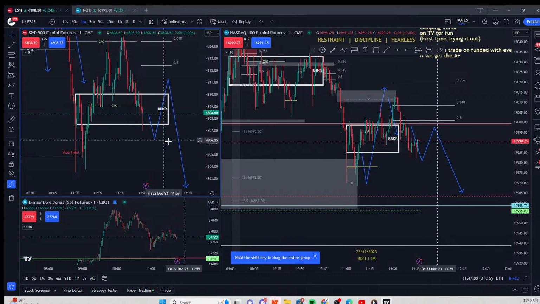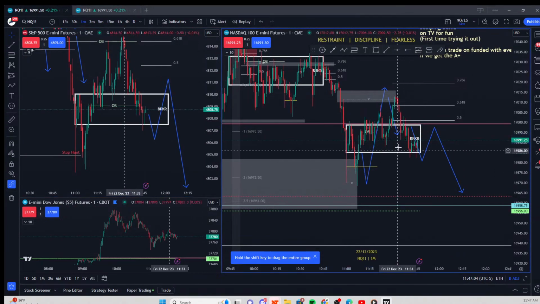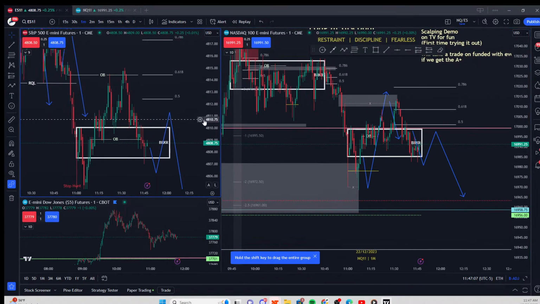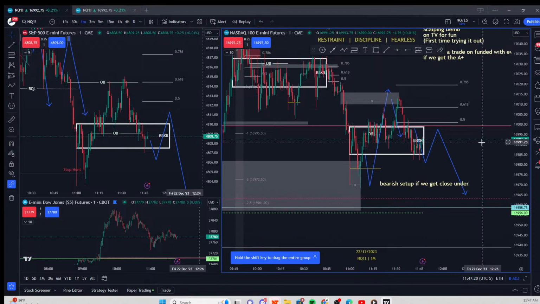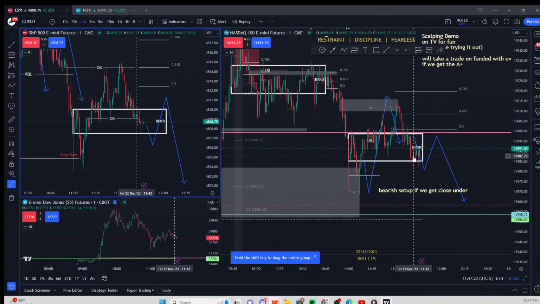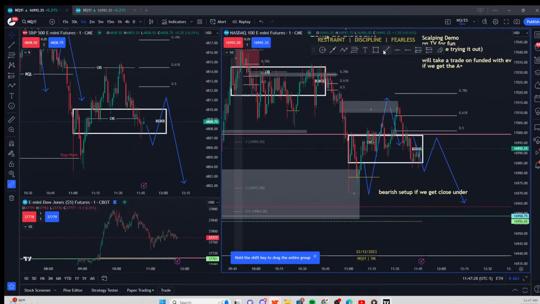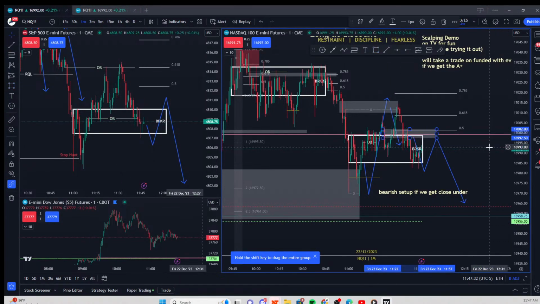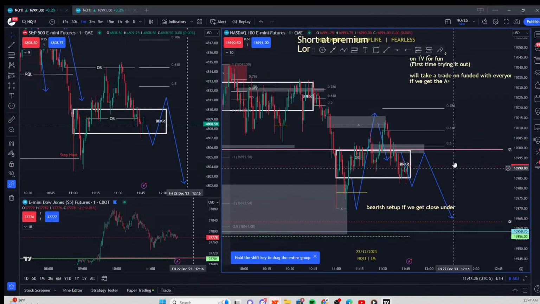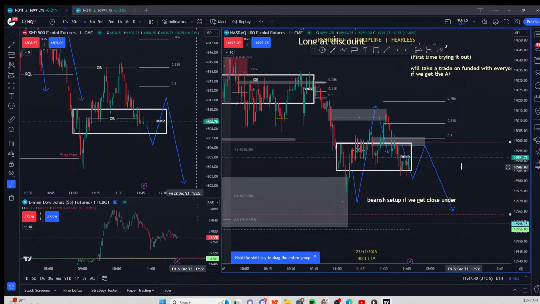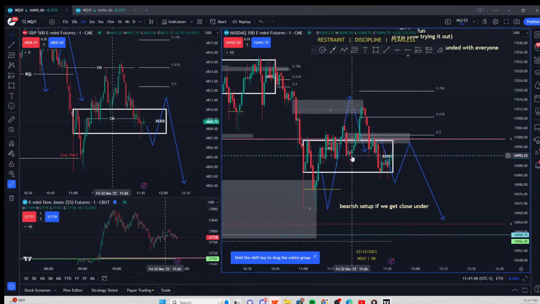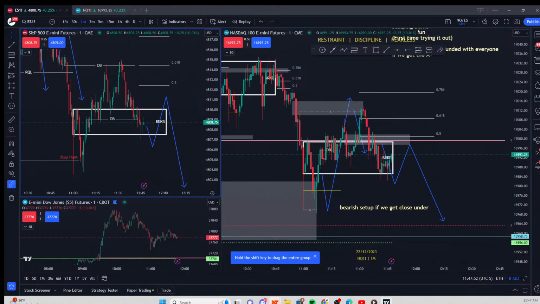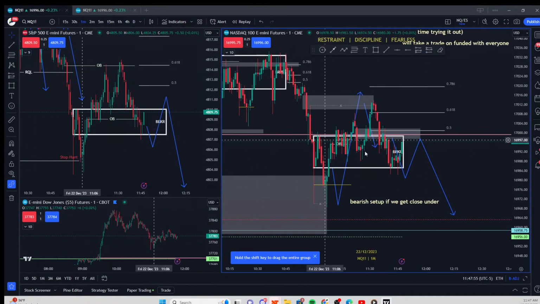Let's get the close under here. We're not getting it. That just means this bullish breaker is still holding. We're not getting a close under. This is not bearish yet.